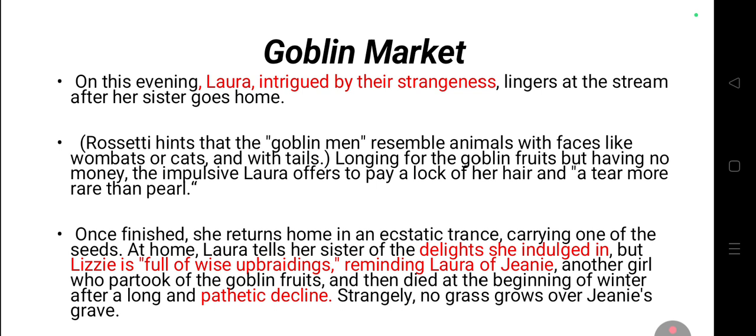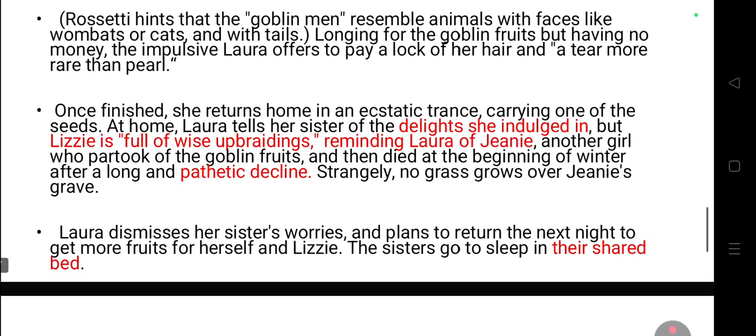Once finished, and it's interesting that it is visible here as a lock of hair or something like that, but it may suggest something else. That word impulsive suggests her fascination, her over enthusiasm towards those fruits. Once finished, she returns home in an ecstatic trance.